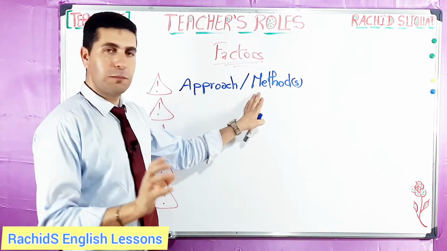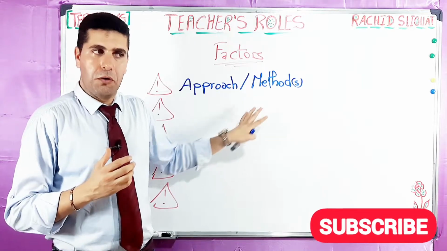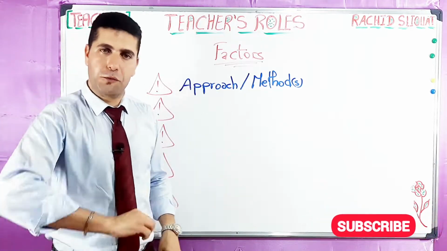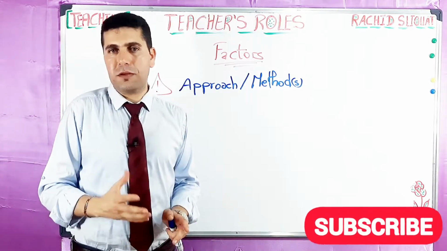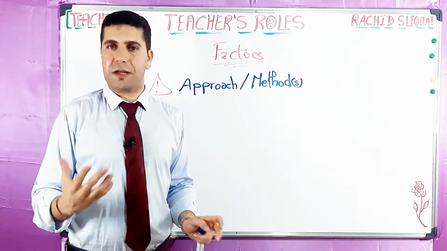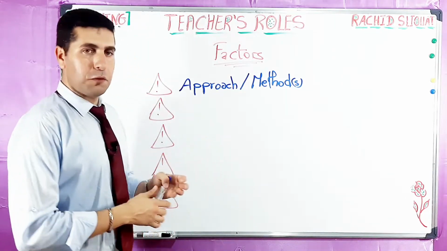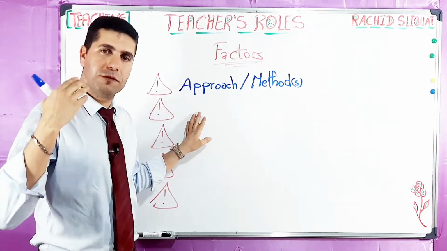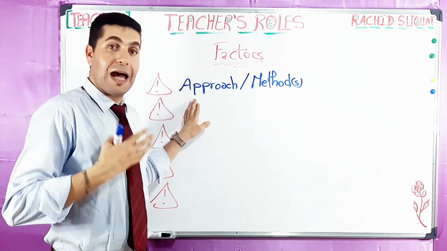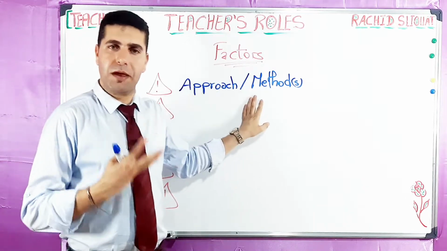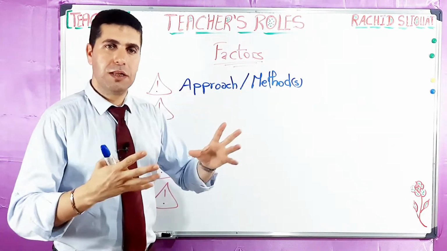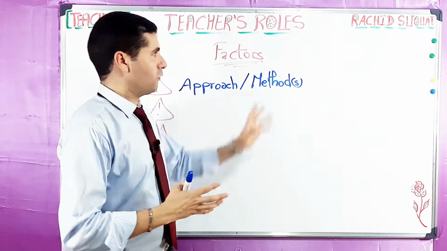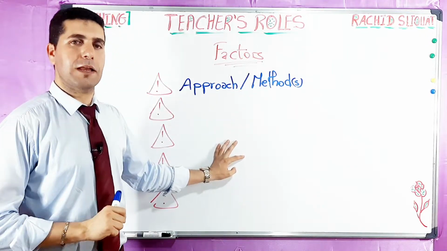No, in this method. If you adopt, for example, the grammar translation method, one of your roles in the classroom is that you will be a kind of translator. So this is it. In general, these are just some examples. You can think of several ones. This is how approaches and methods interfere in the specification and identification of your role in the classroom.